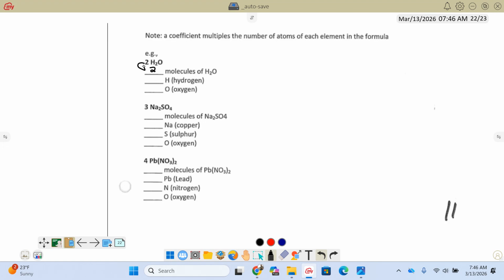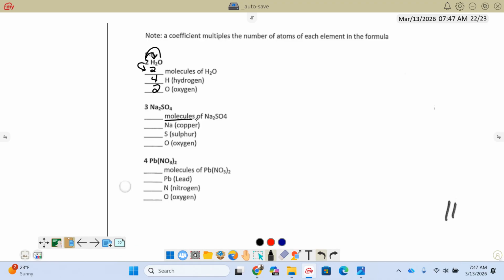That 2 leads us to put a 2 here. Then if we want to count the hydrogens and oxygens, remember your coefficient distributes to each element. So 2 times 2 would be 4 hydrogens, and 2 times 1 oxygen would be 2 oxygens. Your coefficient distributes to each element down the line.